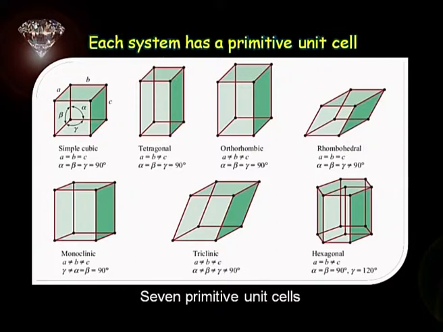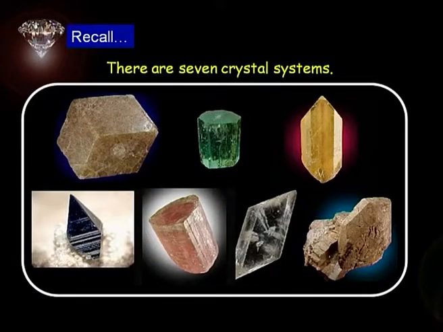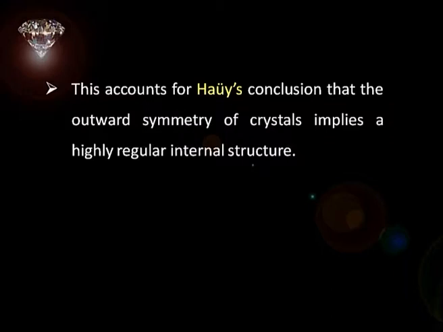As I just mentioned, there are 7 crystal systems, and now we are seeing that there are 7 primitive Bravais lattices, and this indicates that what Hoy proposed, that the outward symmetry of a crystal is a manifestation of internal structure, stands vindicated. What Bravais tells us is that the internal structure of a crystalline solid can be represented in terms of a lattice, and the lattice can be given in terms of unit cells. So, there are 7 primitive unit cells.